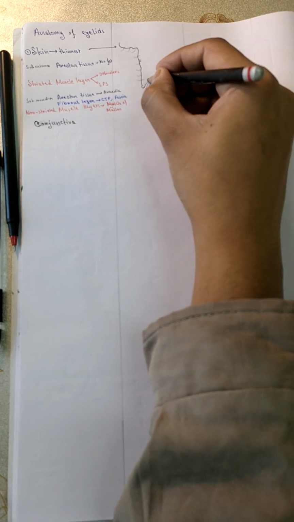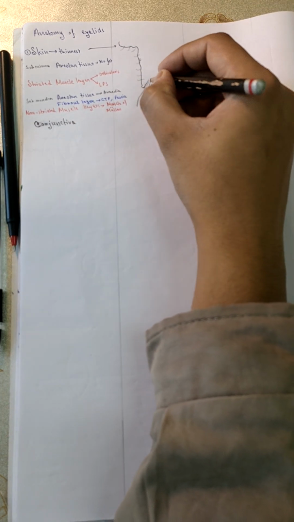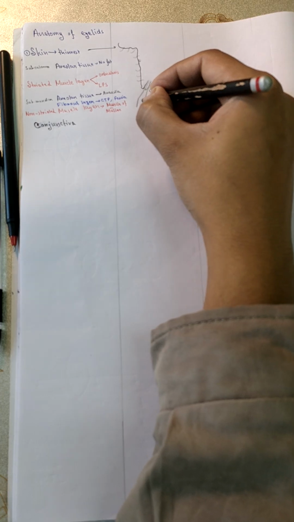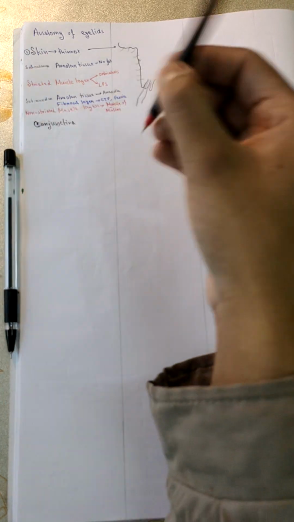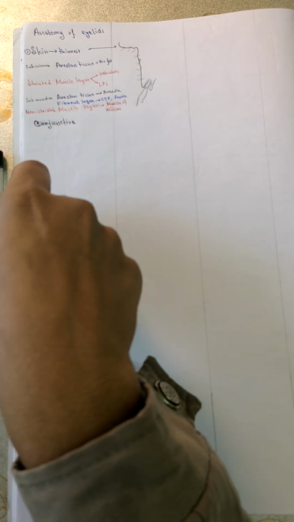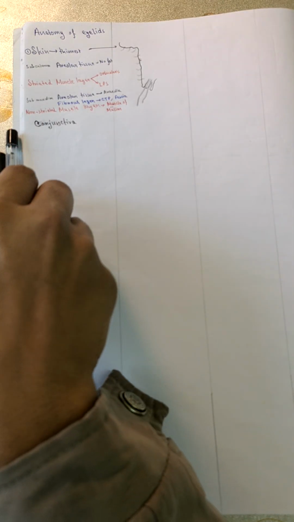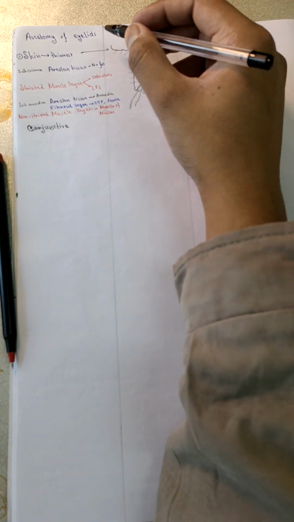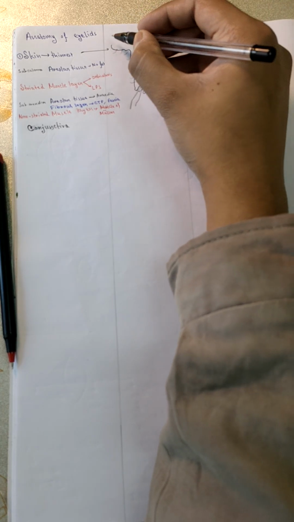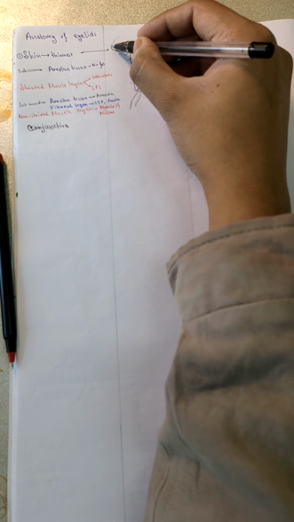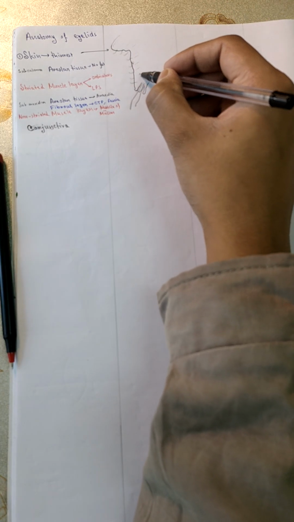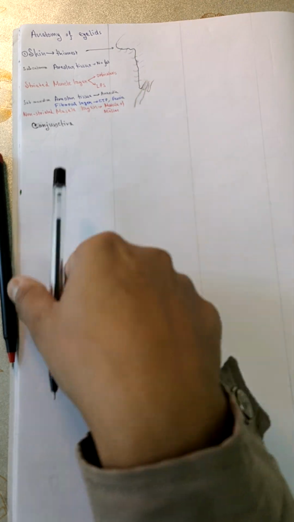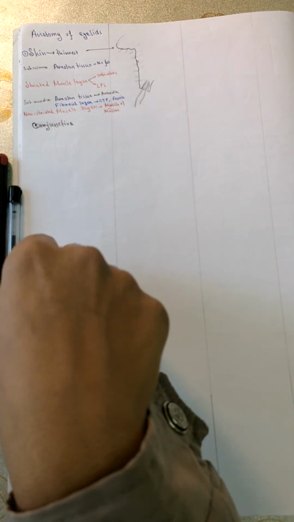Here I have some bigger ones. These are the eyelashes, and behind that I have the Zeiss gland. I will talk about them. Next is the subareolar tissue. Behind this I have the subareolar tissue. No need to classify them right now. There is no fat in that subareolar tissue.